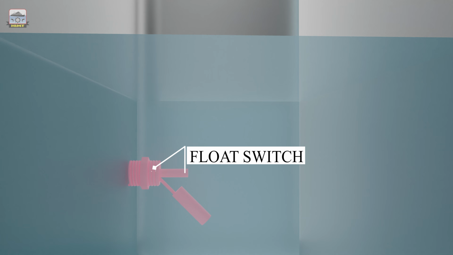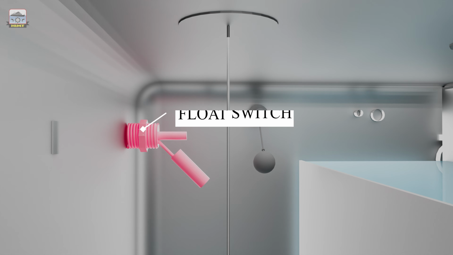The hot well is provided with a float switch to activate low water level alarm. It is also provided with another float switch to activate high water level alarm that might be triggered if the filling line is left open.